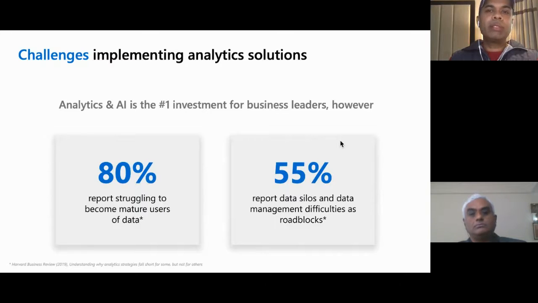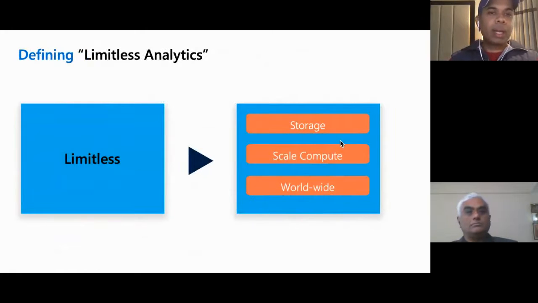Now, how do we define limitless? The reason why these projects are failing is really across silos and limits in terms of how data is stored and processed. So what we need to begin with is defining what is limitless. In the context of analytics, limitless takes into account 3 key architectural components.